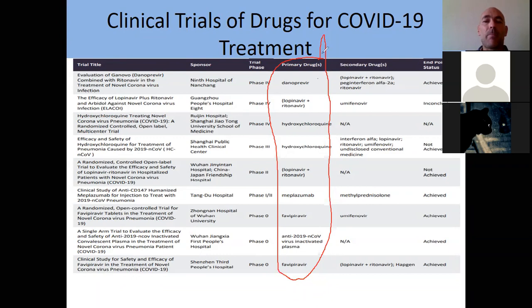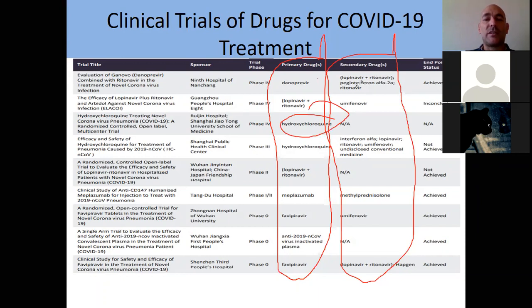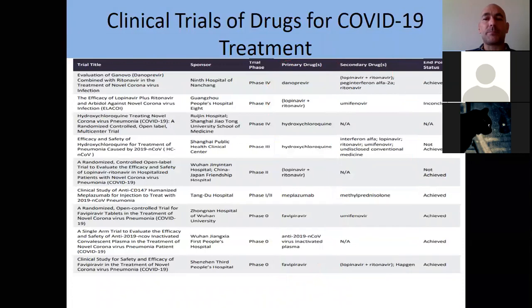But you can also see that they have been testing combinations of drugs. And more and more the results of the clinical trials demonstrate that one drug probably is not enough for the treatment of this virus, okay? Now, of course, you've heard a lot about hydroxychloroquine, and I will talk a little bit about it.